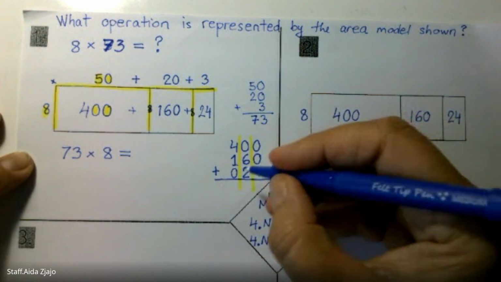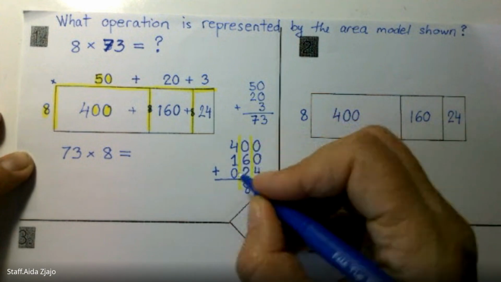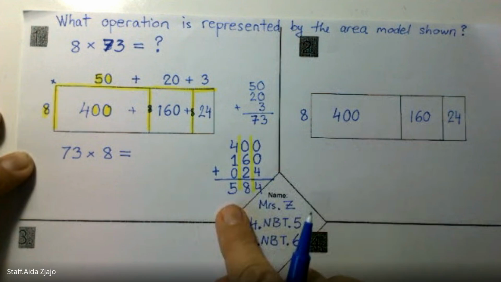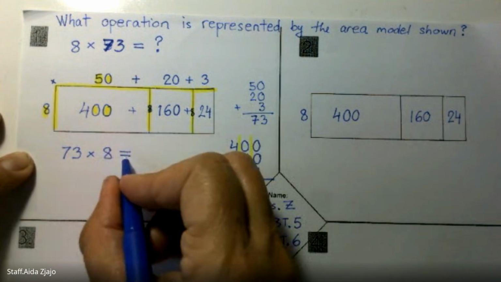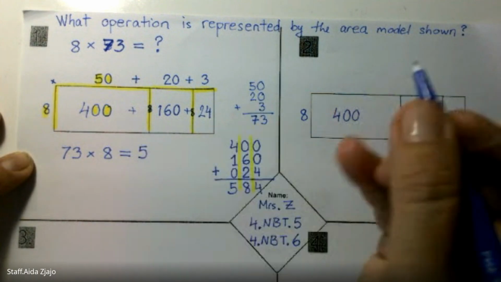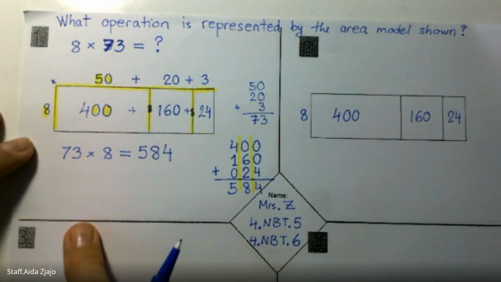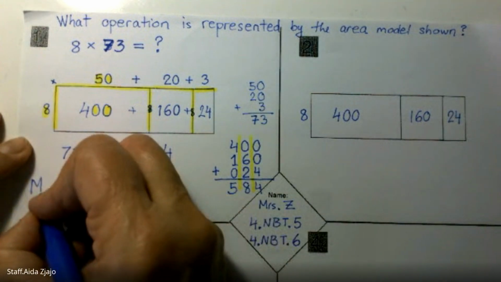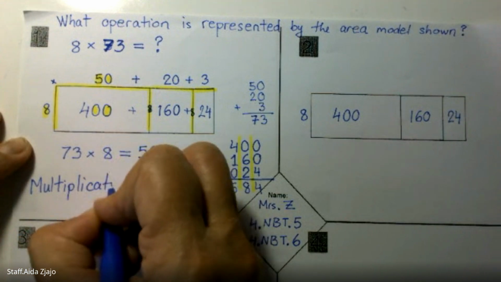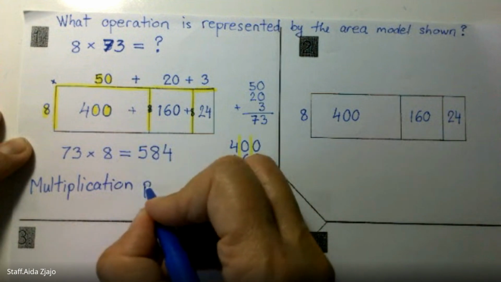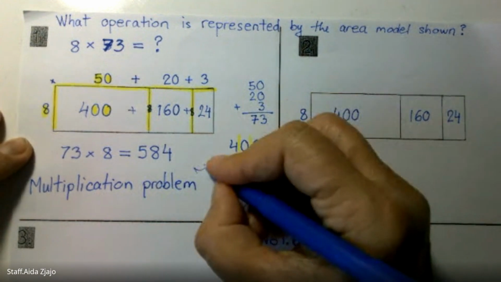So 4, 6 plus 2 is 8, 4 plus 1 is 5. So your product is 584. So 73 times 8 is 584. And this was a multiplication problem.